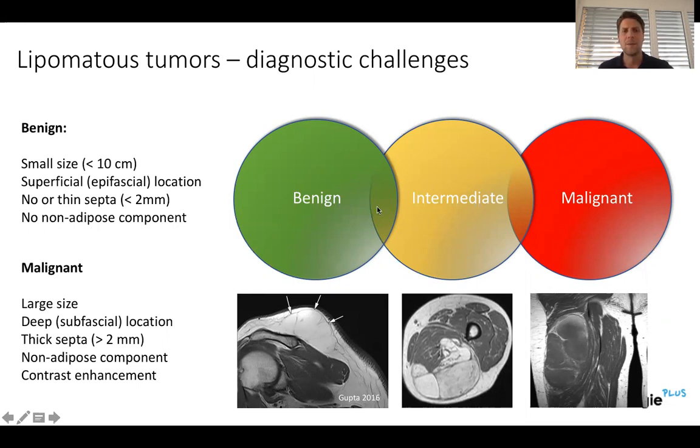In fact, there are some imaging features that favor a benign diagnosis, like a small size, superficial location, which means above the fascia, the absence of thick septa, and the absence of non-adipose tumor components, whereas on the other hand, there are features that should raise the concern for a malignant lesion, which is a larger size, a deep location, the presence of thick septa, and what is very important, the presence of tumor components which are non-fatty in their nature and which then usually show contrast enhancement.